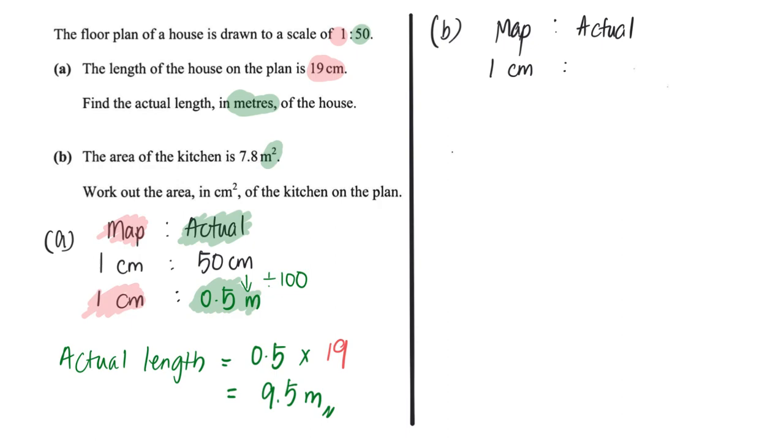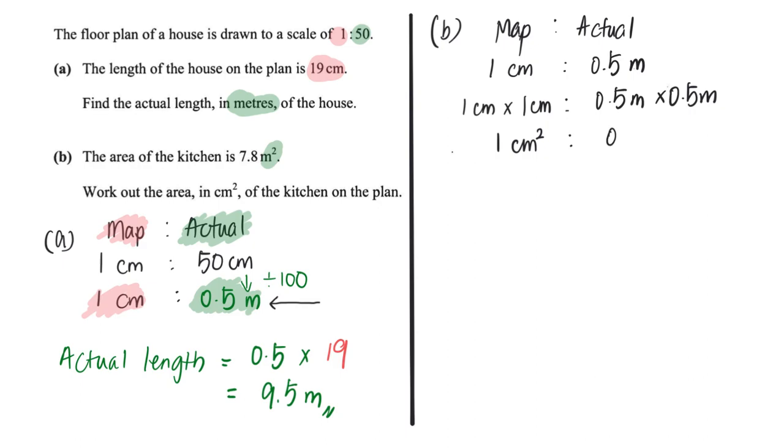So Mr. Tan already saw that we have successfully converted to meter in part A. I'm going to just continue to use that, and I'm going to just square my scale in order to find my area scale.